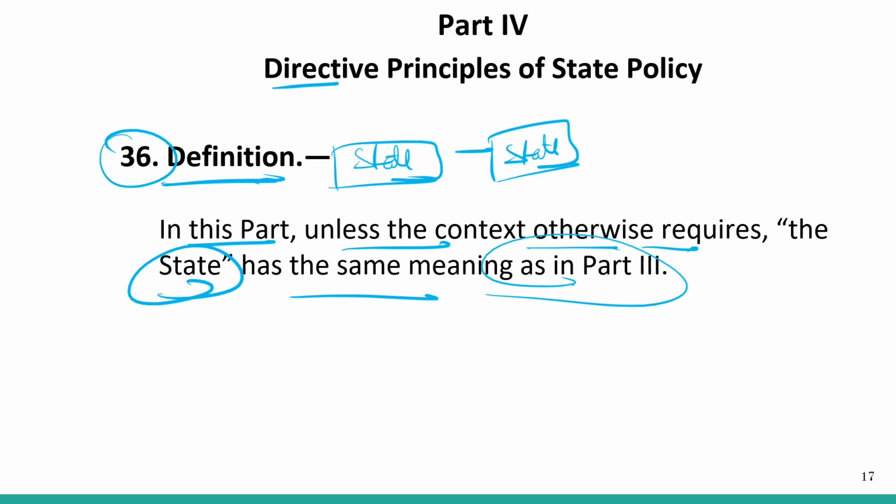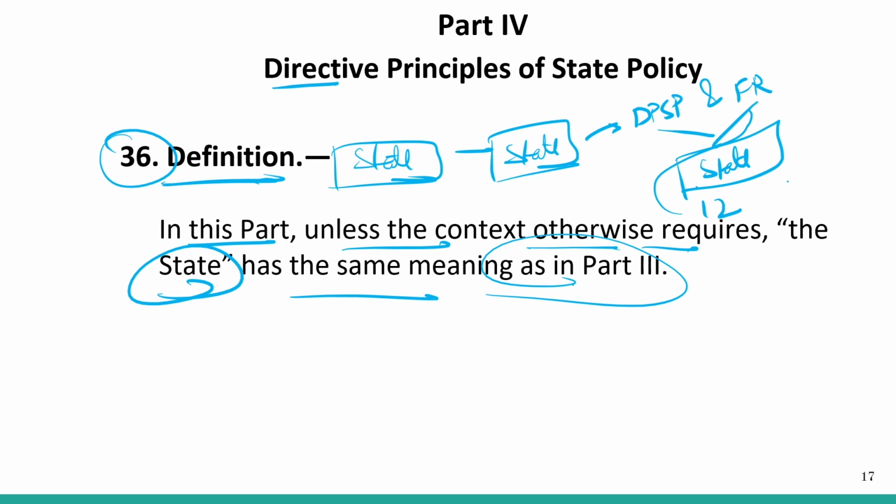So directive principles of state policy and fundamental rights have the same definition of state, Article 12 for fundamental rights and Article 36 for directive principles of state policy.